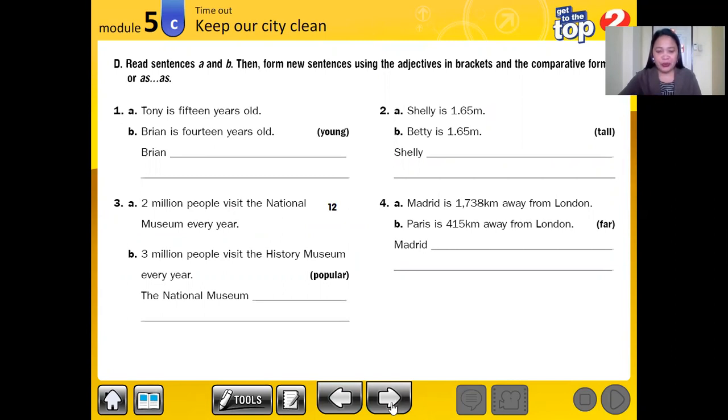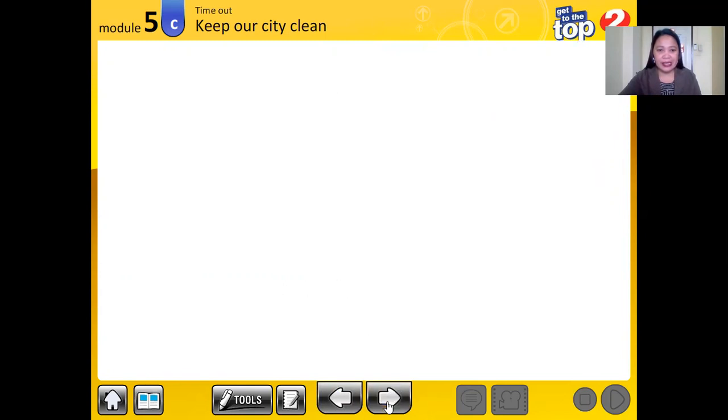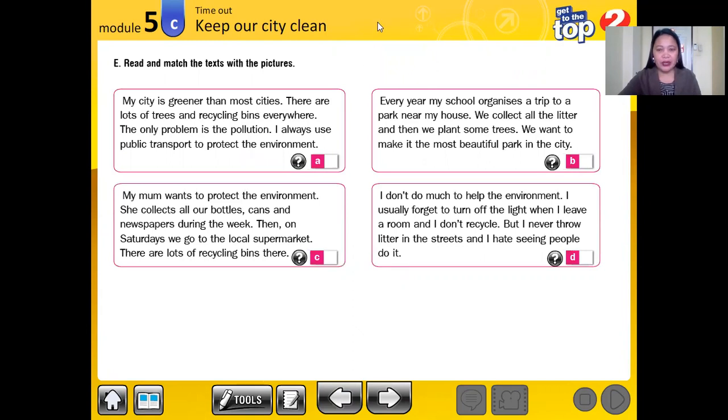Page 51 of your workbook, you are going to answer exercise D and E. Then, after you answer, take a picture and send it to me in our Line group, in an album. So make an album, send the pictures of your answers to me online, and don't forget to put your student number for me to check your work and also check your attendance.